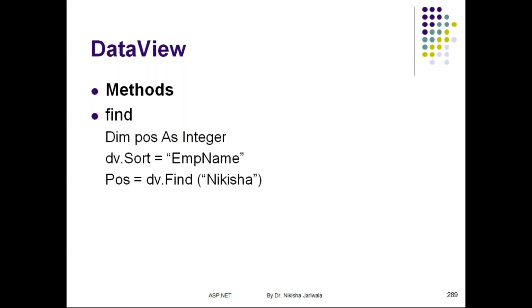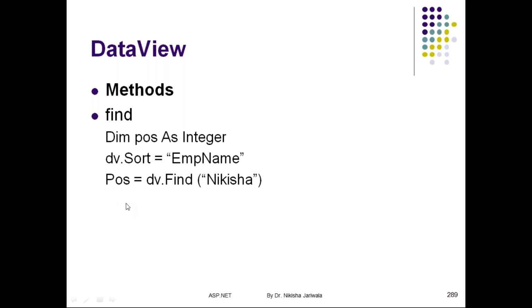It will try to find the string similar to the string specified within the double quotation among all the records present within dv. If it gets a similar string, it will return the position of that string, that is the record number of that particular string, and we need to store that value within some variable.